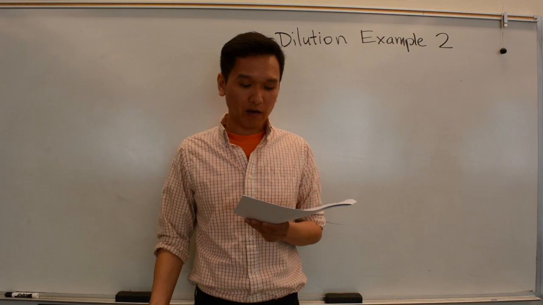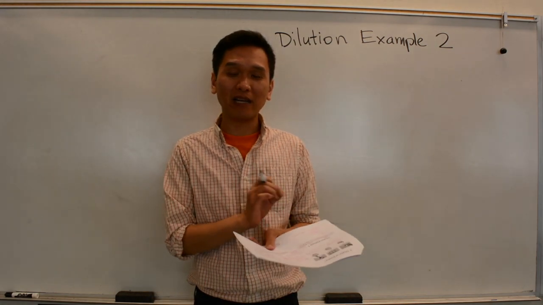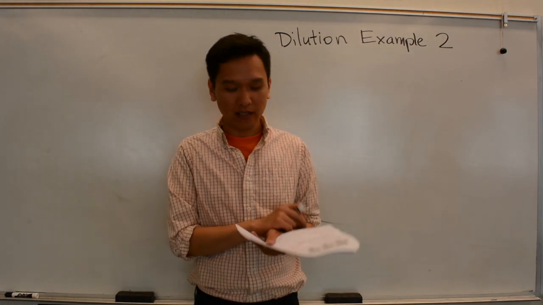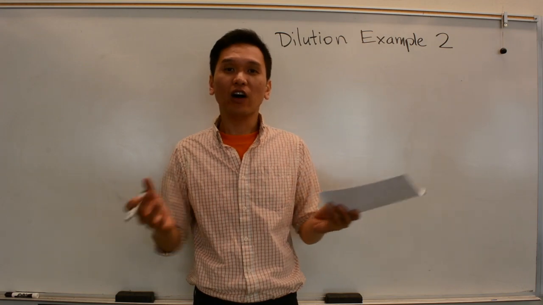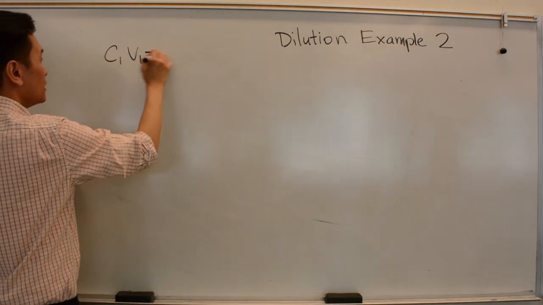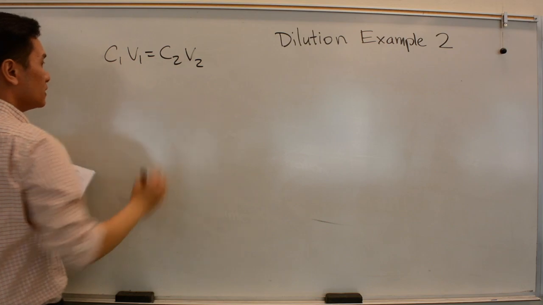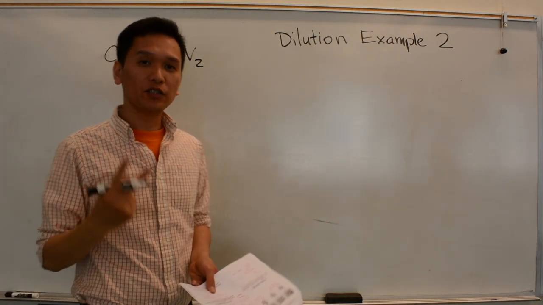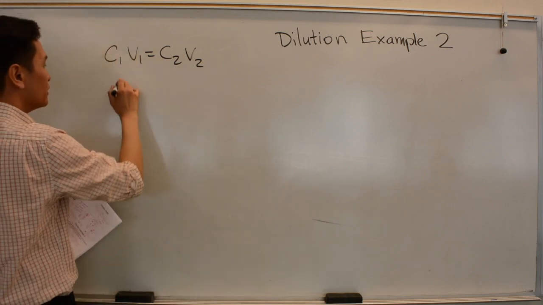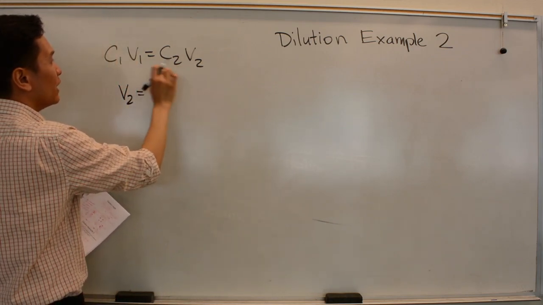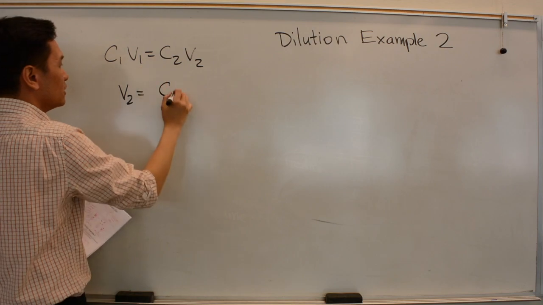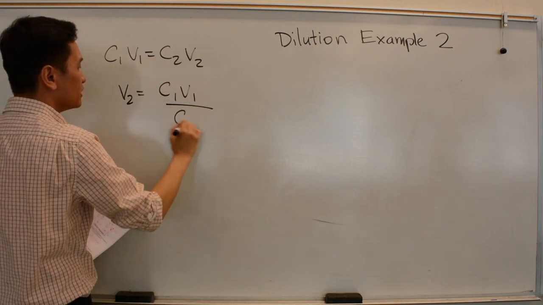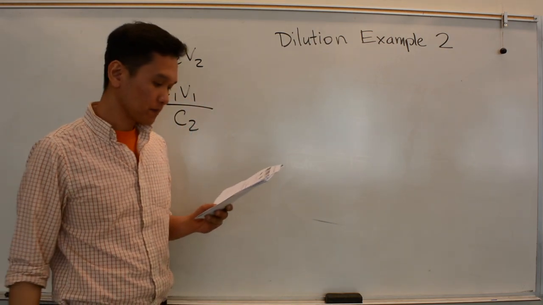The question is, if I want to make 2% solution by diluting that initial concentration, how much volume can I make? So what is it that we're solving for? We're solving for V2, right? So to solve for V2, we divide both sides by C2. So C1 V1 divided by C2.